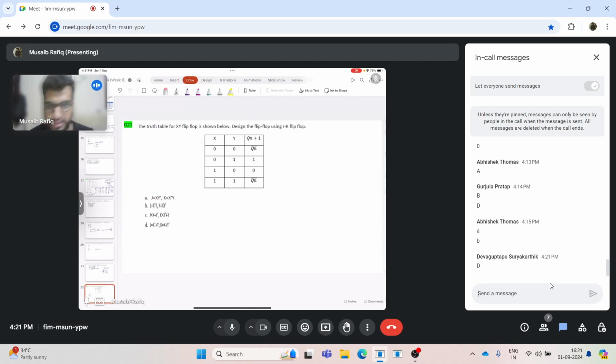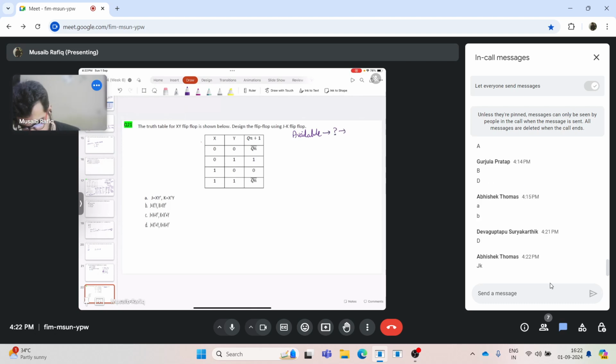This is based on the conversion problem. So 5 points I told you to remember. First of all is to identify the required and available flip-flop. If I ask you what is the available flip-flop here, the available flip-flop, as rightly pointed out, is JK, and what is the required?